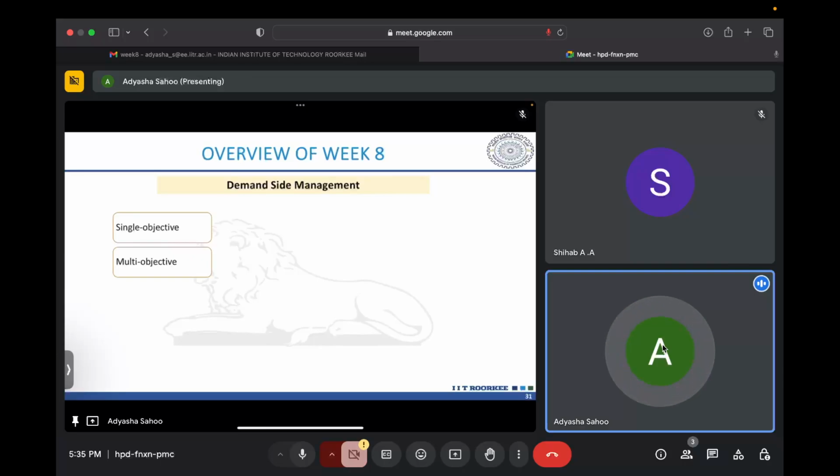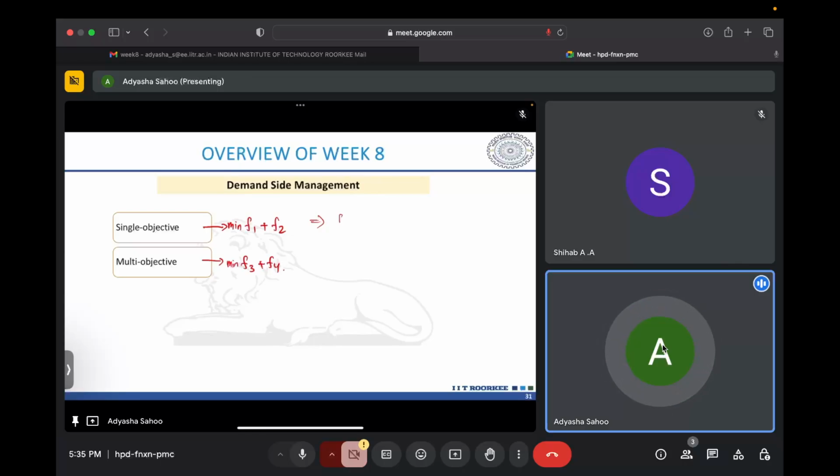Now, next is single objective versus multi-objective. Sometimes, let's say, you have a function such as f1 plus f2 here and f3 plus f4. You want to minimize this, and you want to minimize this. Now, when can this be considered a single objective function?